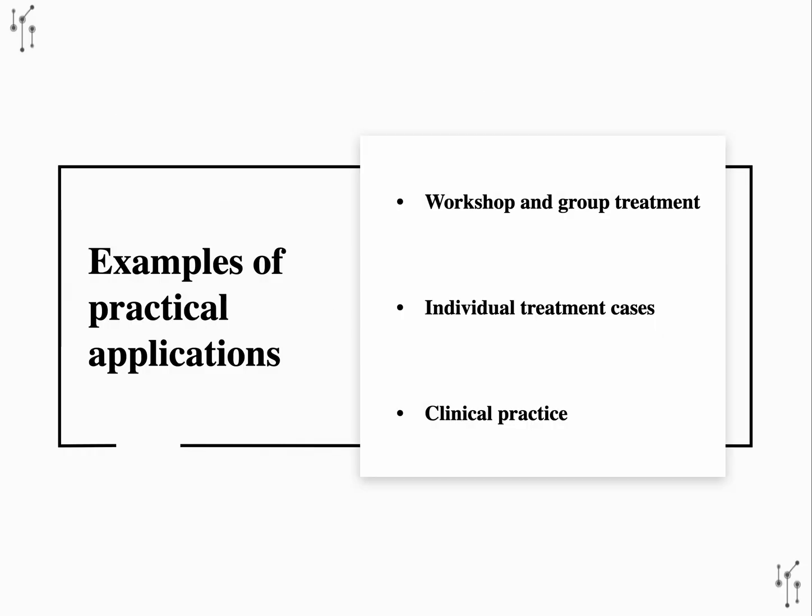First of all, I will talk about the workshop and group treatment, which included the implementation workshop. First, let's talk about the steps and setting of the workshop. The theme setting: set the theme according to the purpose of the workshop. For example, the topic of anxiety management can guide participants to pay attention to the feeling of anxiety in the body.